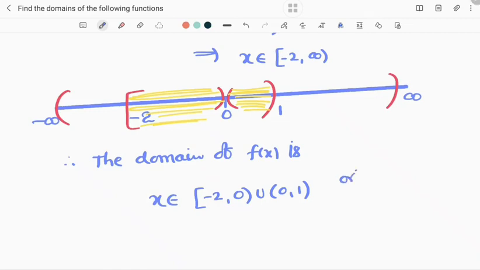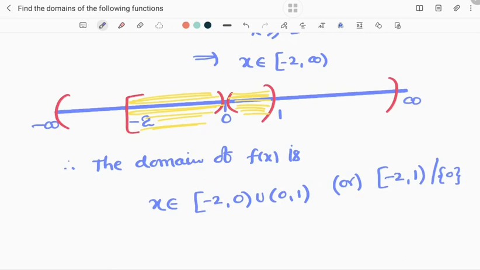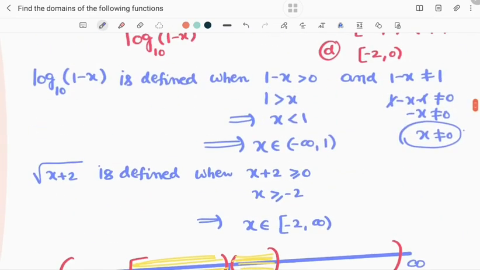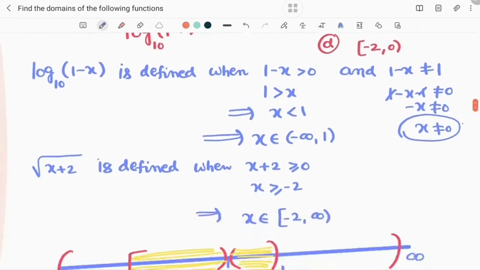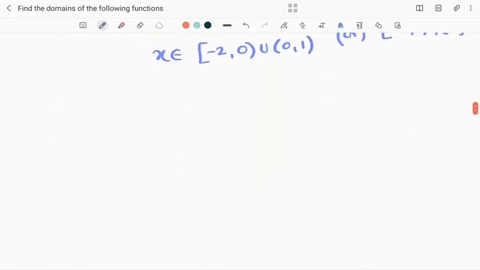Otherwise we can write it like this also: closed minus 2 to open 1, in that 0 not there. So the value is closed minus 2 to 0 union 0 to 1, which is there in the third option. We'll move to the next question.